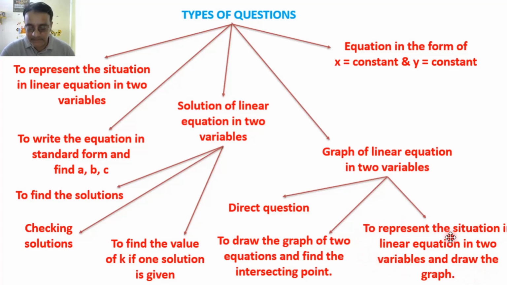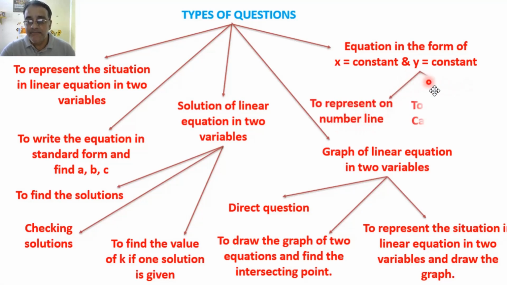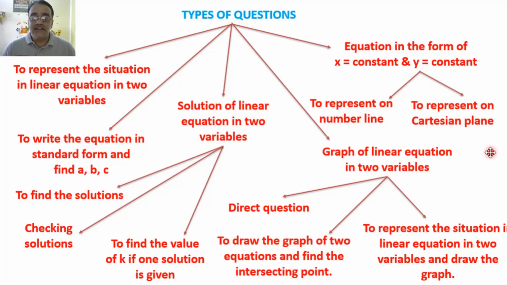This is a word problem. So now the last one, equation in the form of x is equals to constant and y is equals to constant. We have two types of questions. One is to represent on number line, another to represent on Cartesian plane. So these are the different types of questions under this chapter.